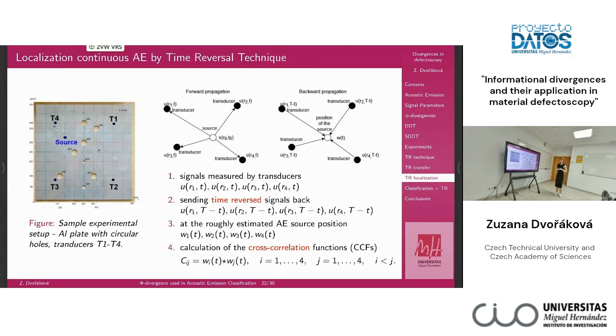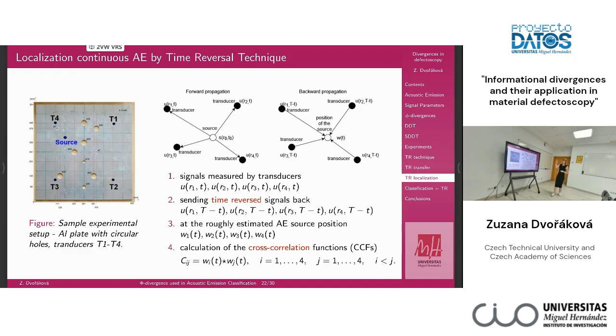Another trick of the time reversal technique is localization of the source of some crack or of some acoustic emission. And it's easy to localize by time reversal so-called burst acoustic emission. Burst acoustic emission means that we can see one isolated acoustic emission.